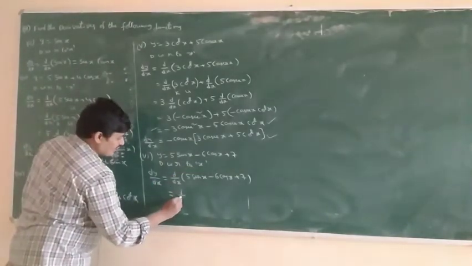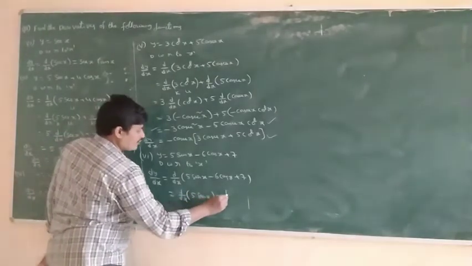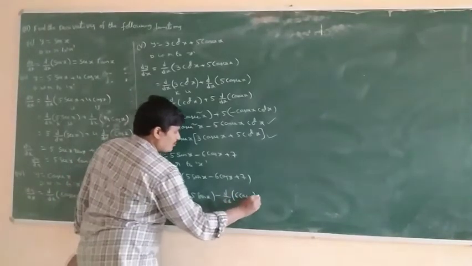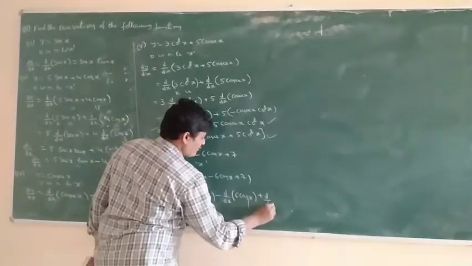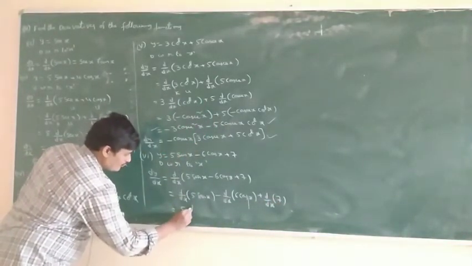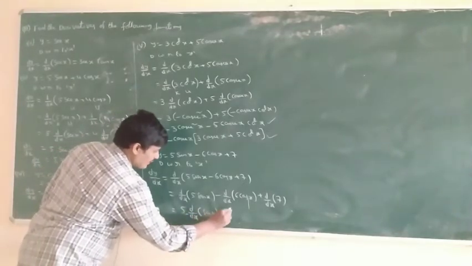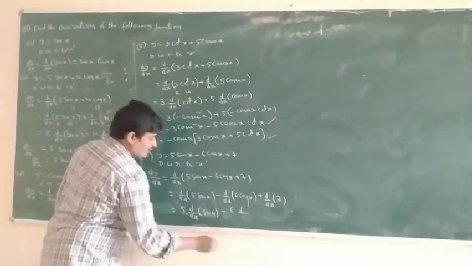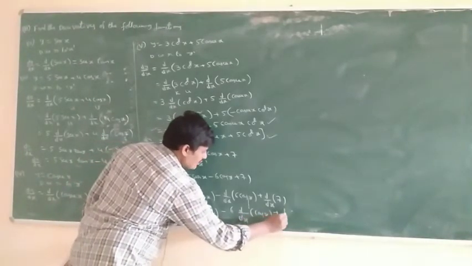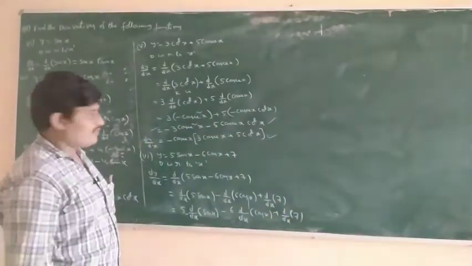So d by dx of 5 sin x minus d by dx of 6 cos x plus d by dx of 7. So constant 5 into d by dx of sin x plus minus 6 into d by dx of cos x plus d by dx of 7.